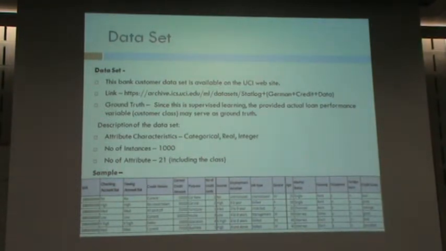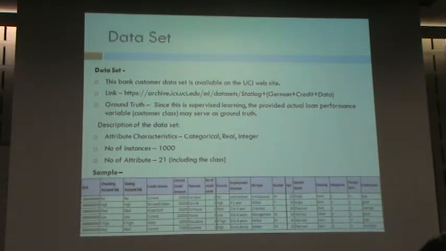We are using the data set of bank customers. Our ground truth is supervised learning on the customer's credit history, whether the customers are good or bad. That's our ground truth.